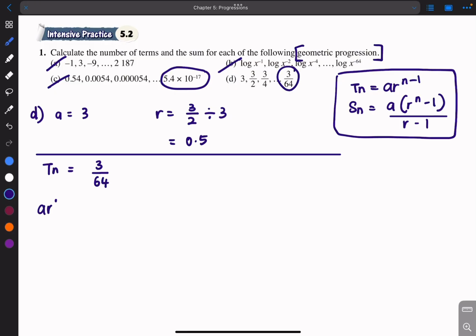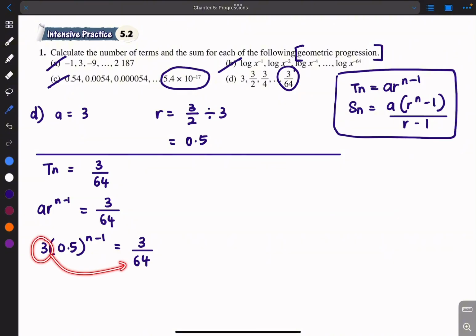So ar^(n-1). A is 3, R is 0.5, 3 over 64. Okay, then 3 we bring here, becomes divide. So 0.5^(n-1) equals 3 divided by 3 over 64, which gives 1 over 64.